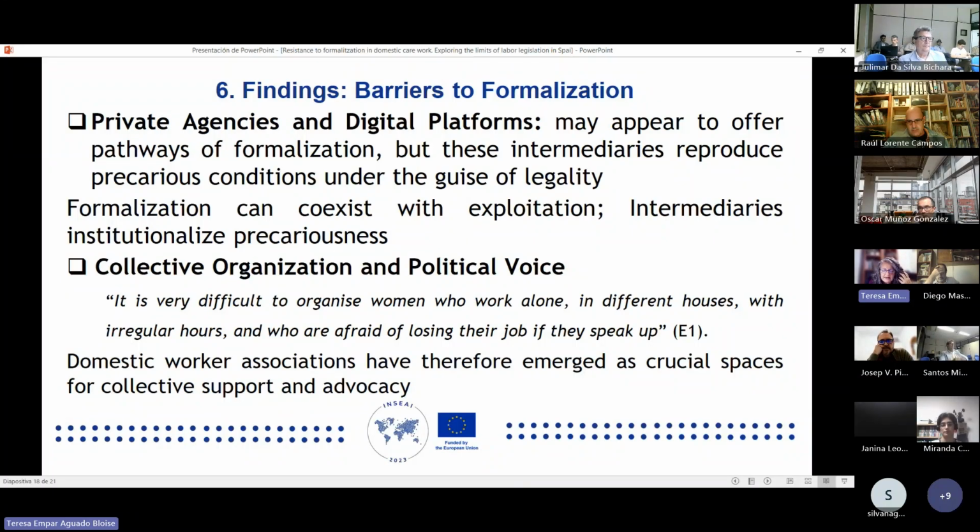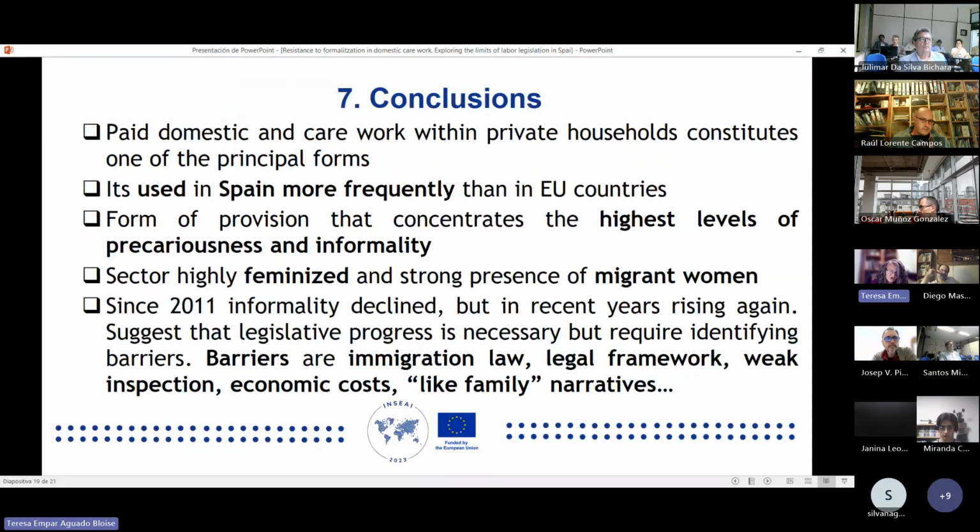I call my weekends my third degree because it's the only time I go out. Because housing and employment are tied together, losing a job often means immediate homelessness. Under such conditions, claiming rights becomes nearly impossible.